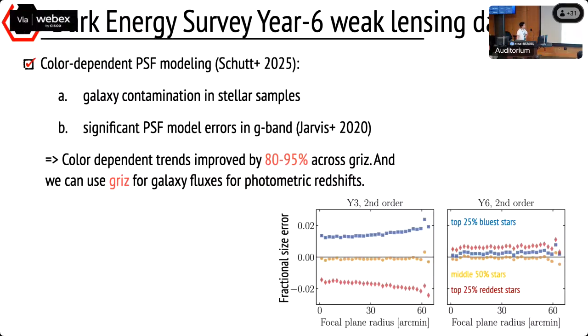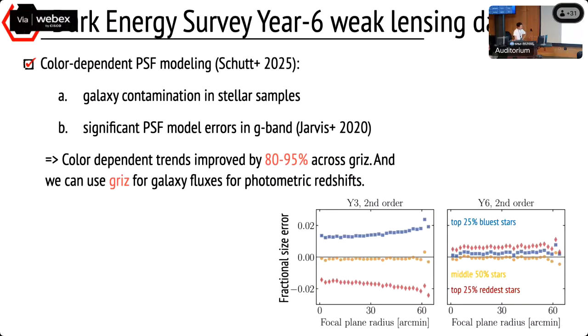And there were significant PSF modeling errors, especially in g-band, because PSFs are wavelength dependent, but we never modeled that part. And as a result, we were not able to use any of the g-band information for weak lensing in DES Y3.